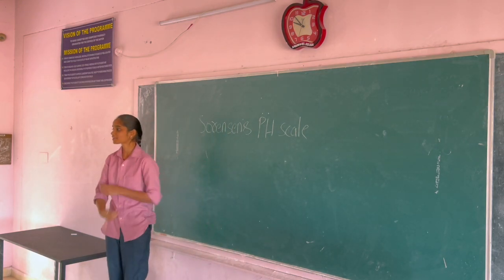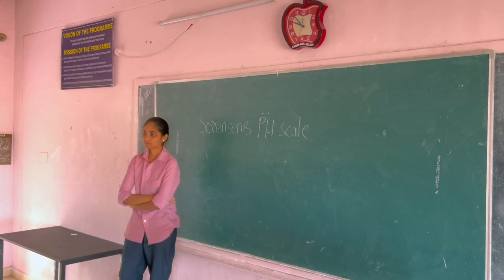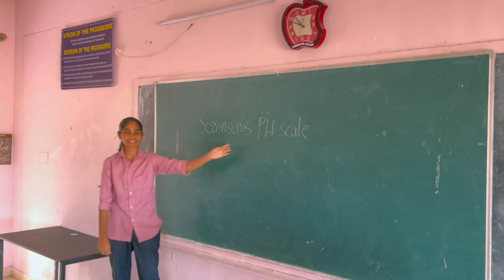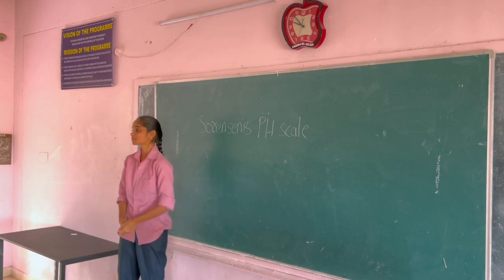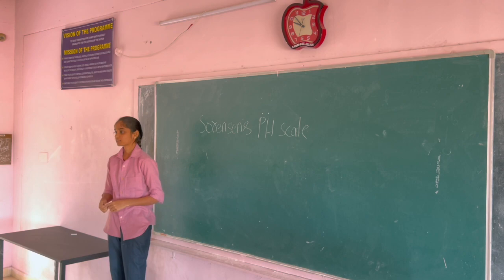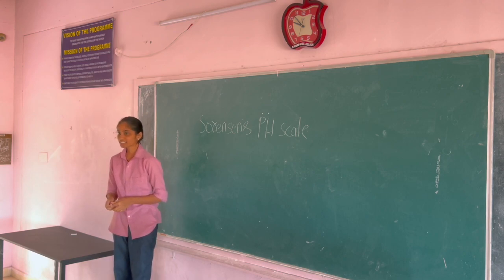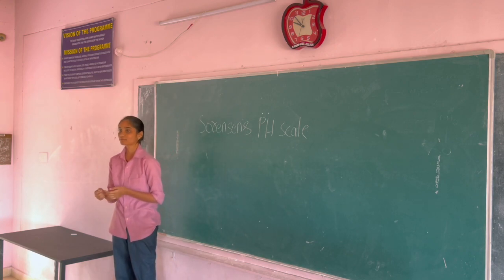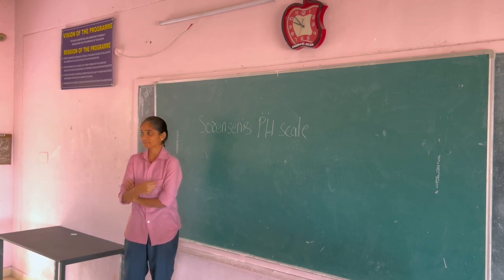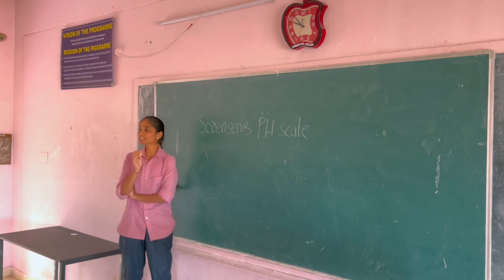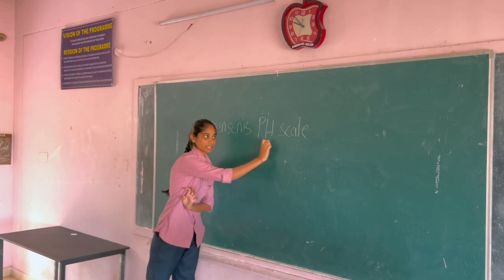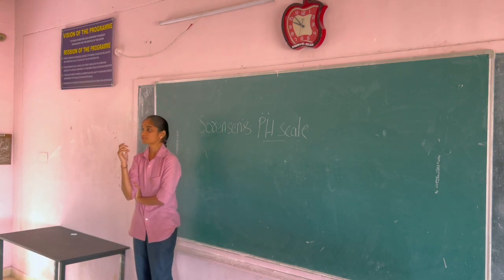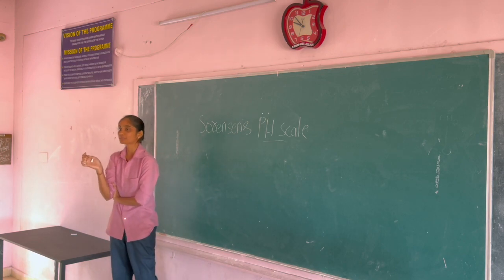What is meant by pH? pH is defined as the negative logarithm of H plus ions, or maybe OH minus ions. Why do we require this pH scale? In our pharmacy field we are preparing so many formulations.